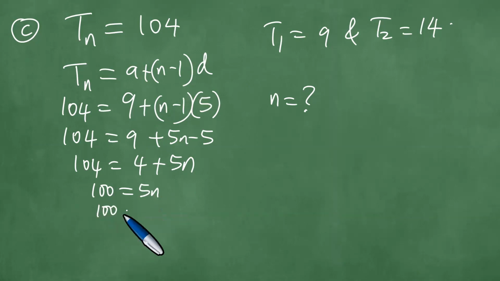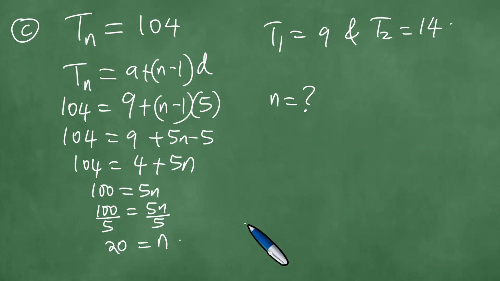And you divide. So this is 20. In other words, n is exactly 20. At this point we're just looking for the term number.